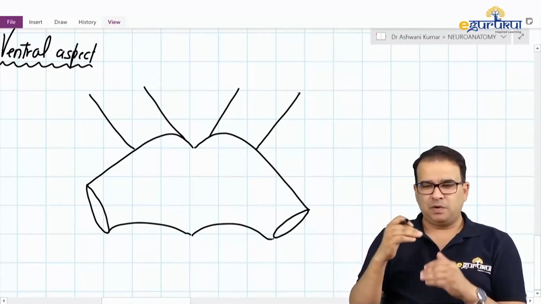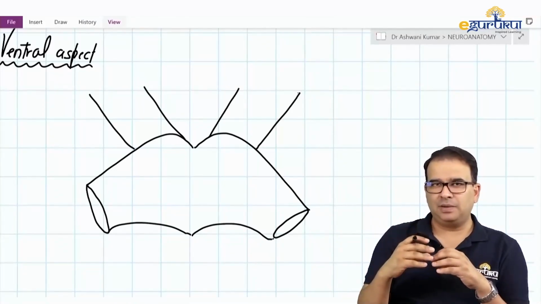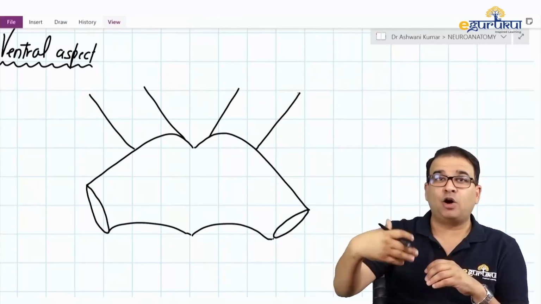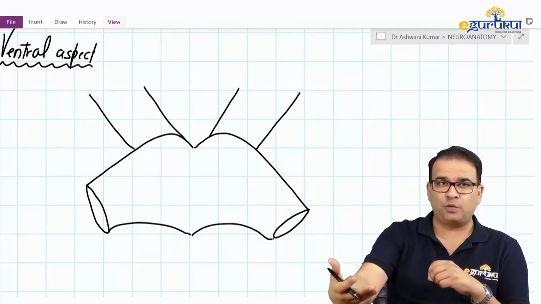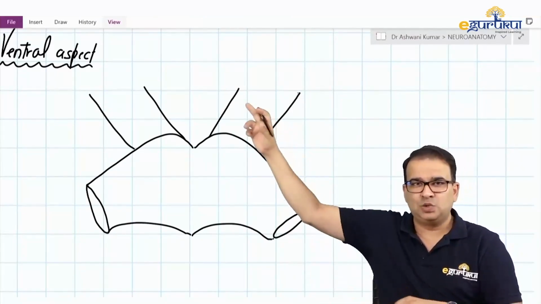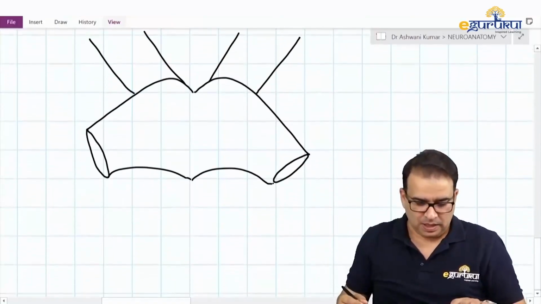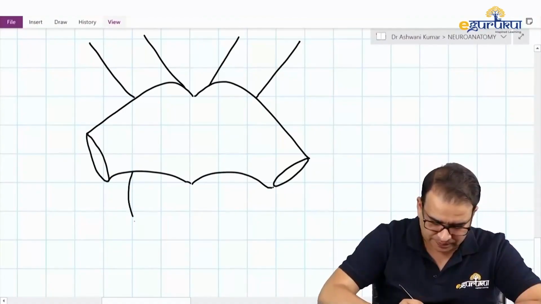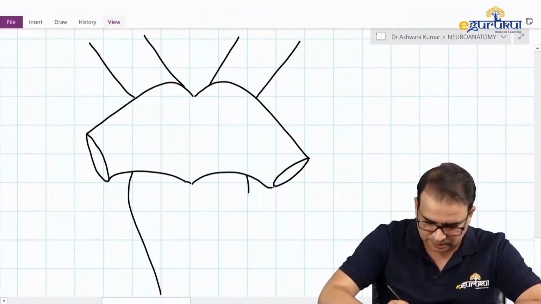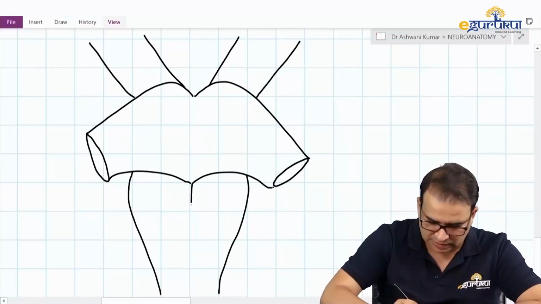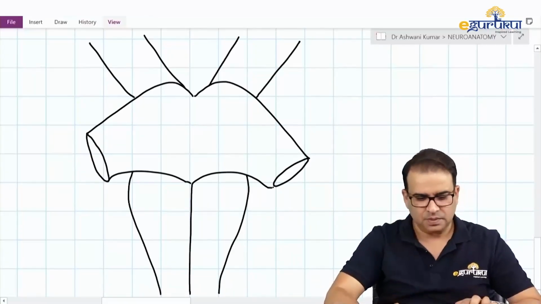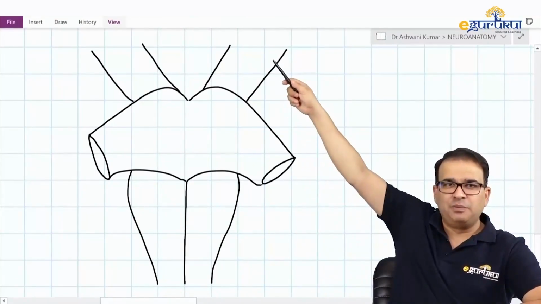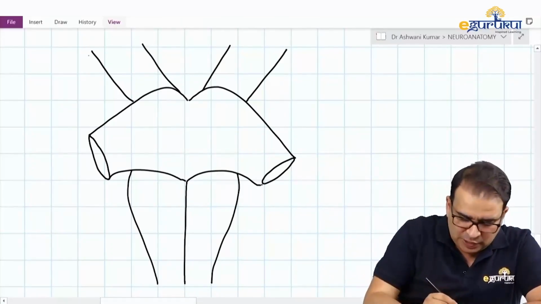If you remember, we said in the transverse section of the midbrain, you will see a tectum, tegmentum, and the crus cerebri or cerebral peduncle, which is present anteriorly or ventrally. That's the ventral aspect. So these are the two cerebral peduncles. And inferiorly, let's say here we have the medulla oblongata, and let's presume this is the midline. So this roughly is the anterior aspect of the brainstem. That's how it's going to look.